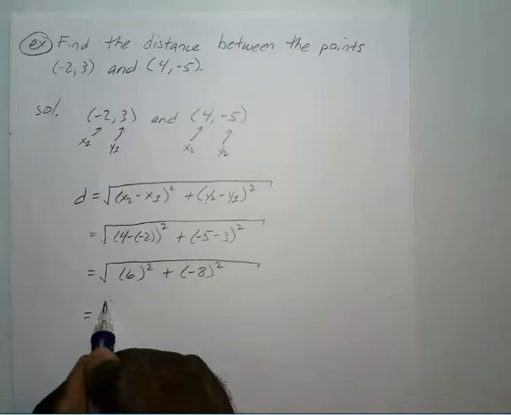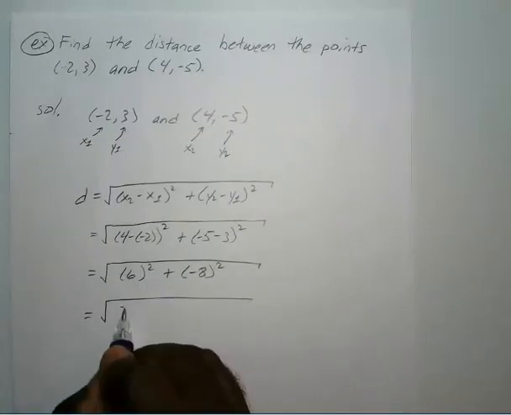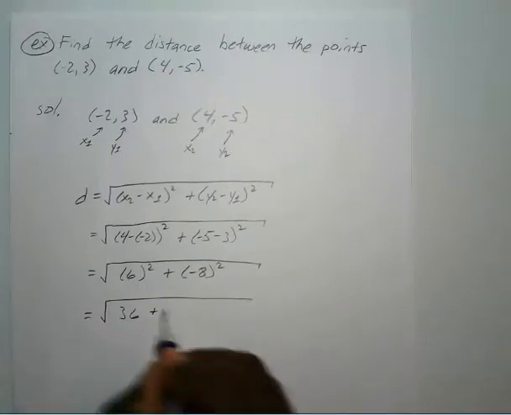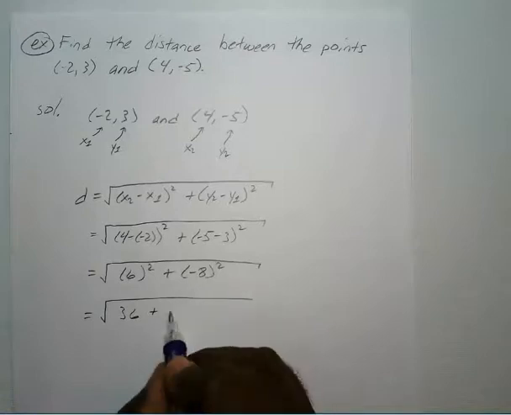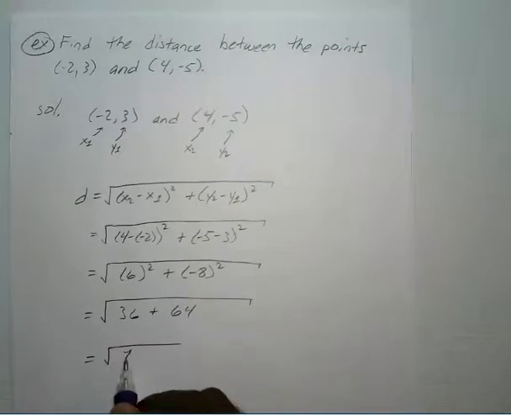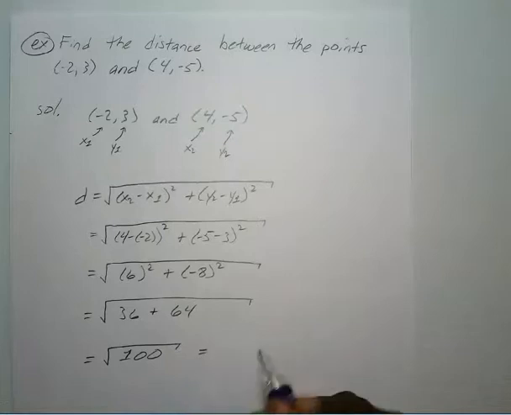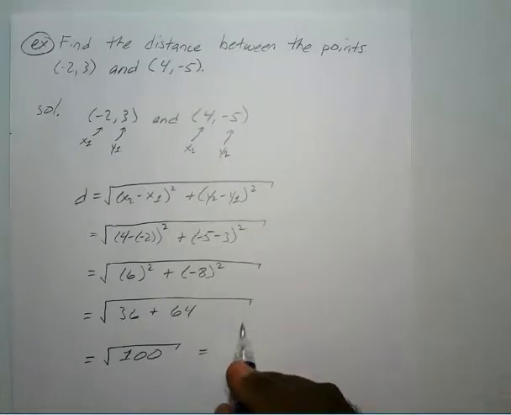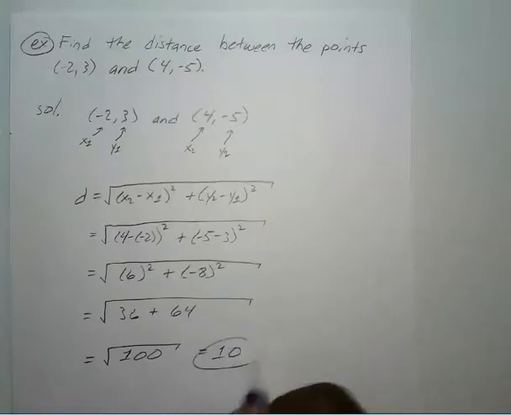So that would be the square root of 6 squared, which is 36, plus -8 squared, which is 64, which would equal the square root of 100. Square root of 100 is, remember, plus or minus 10, but you can't have a negative distance, so that would just be positive 10.